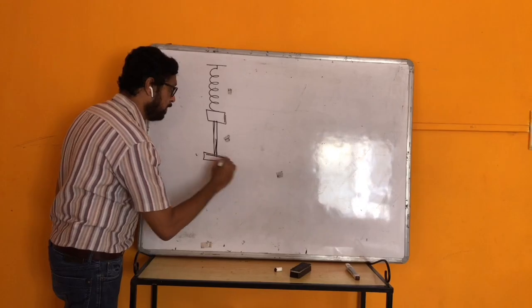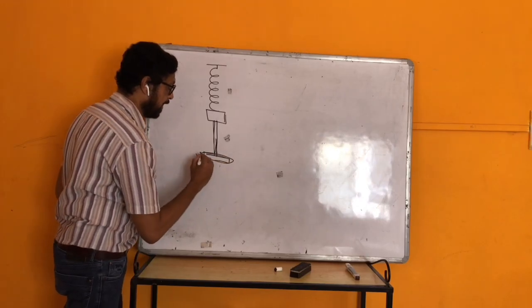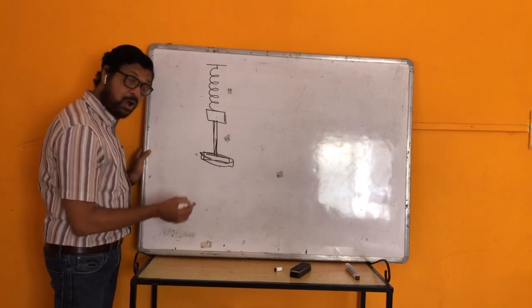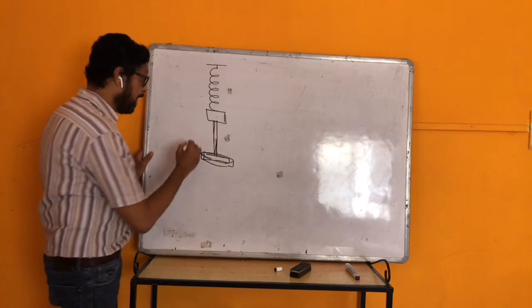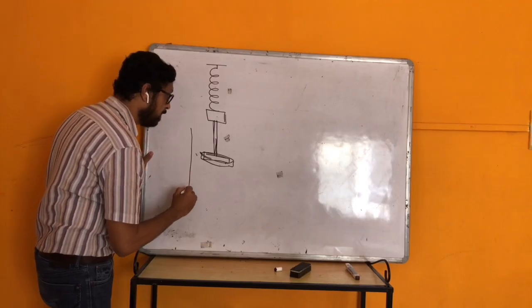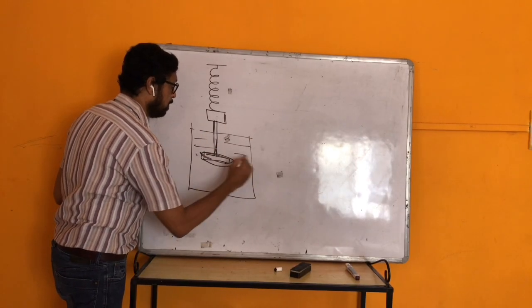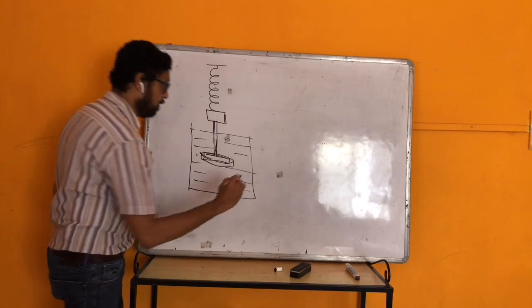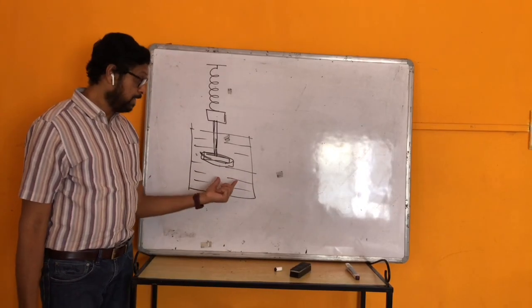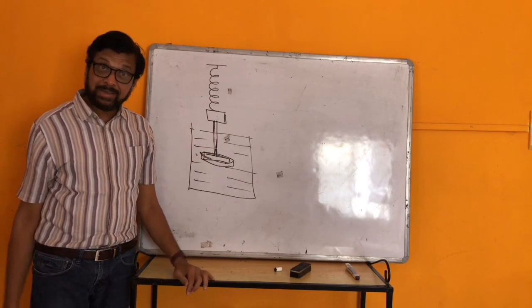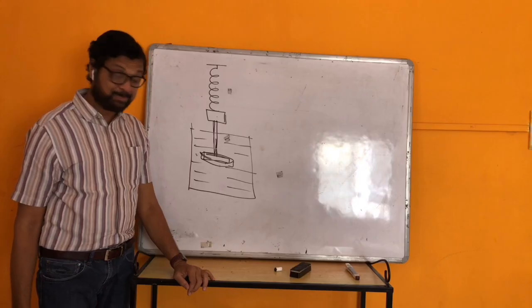So for that what we do, a rod is connected to this block, and that rod is connected to a disc. अशी एक डिस्क आहे, right? The block is connected to a rod, the rod is connected to a disc, and that disc is in water. आता काय होईल? या पाण्यामुळे फ्रिक्शन जास्त होईल, म्हणजे डॅम्पिंग जास्त होणार, राईट?